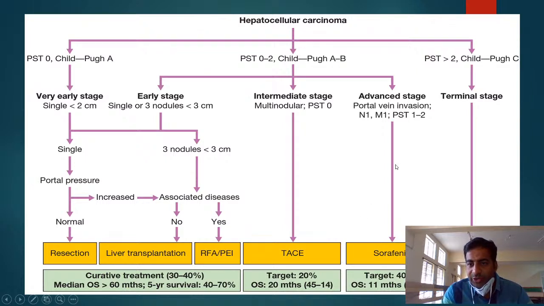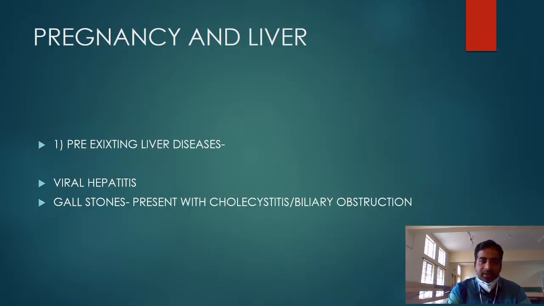So advanced stage, you have portal vein invasion. Sorafenib is usually given here. So terminal stage, just give supportive care. The Child-Pugh is scored already C. Then there's no role of any transplantation or other drugs. You just give supportive care.